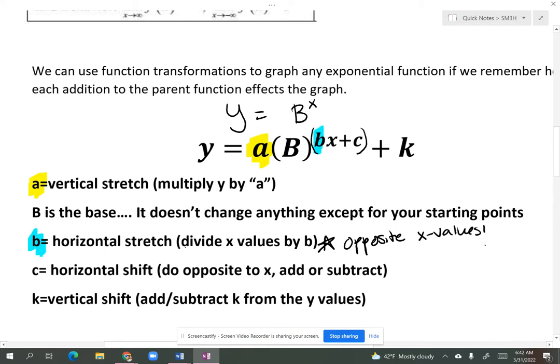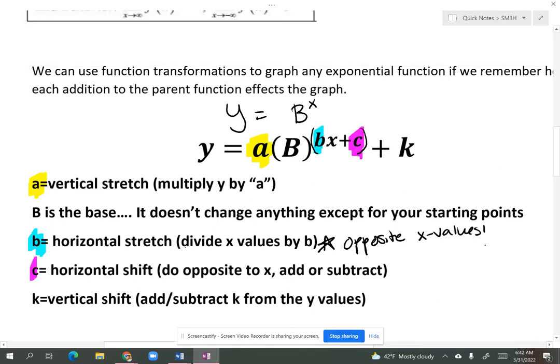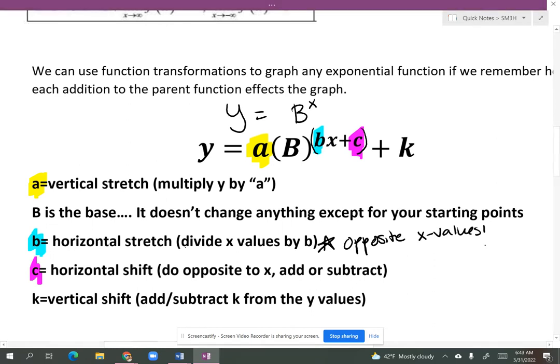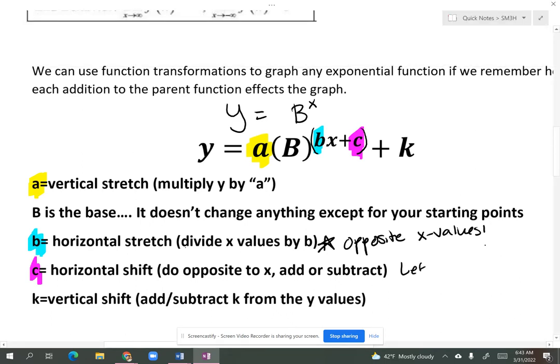Okay. C is our horizontal shift, meaning that's our left and our right. And again, it's the opposite of what we would think. So if it says +7, we'd actually go -7, in the direction left 7.